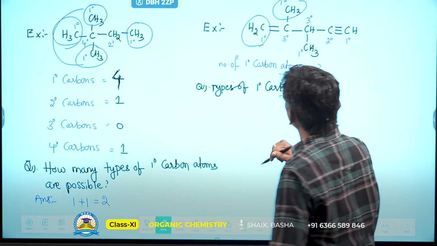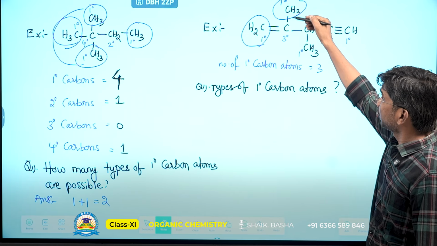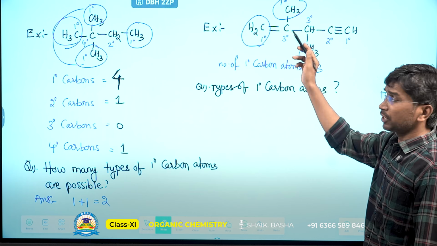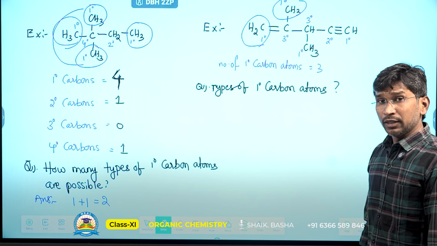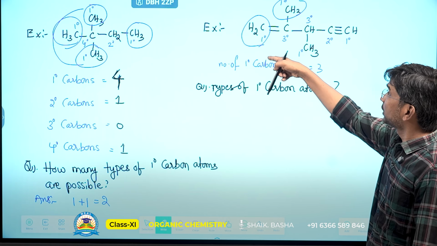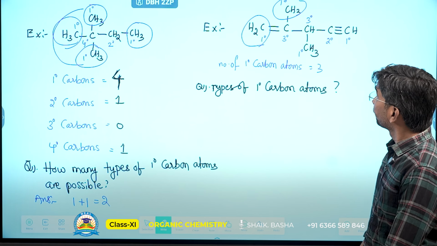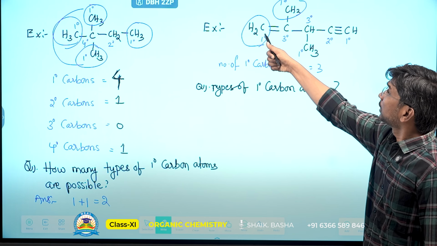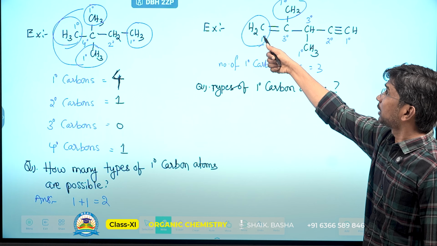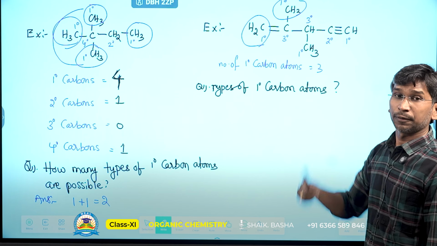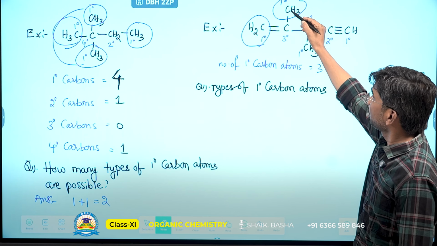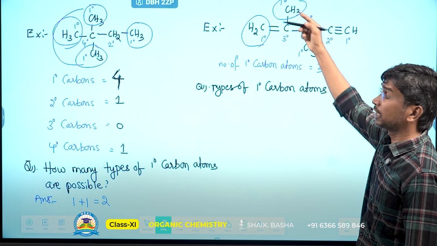But in this case, with respect to connectivity, this is connected to tertiary, and this is also connected to tertiary. Both are connected to tertiary only. Do these two carbons belong to the same category? No. Why? This primary carbon is connected to this carbon with a double bond. This primary carbon is connected to this carbon with a single bond.